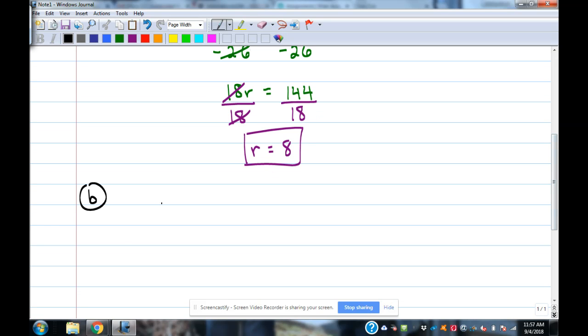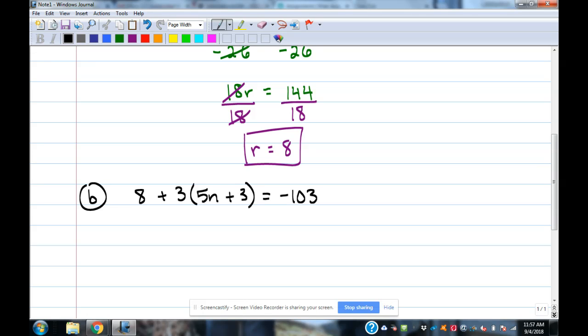Let's try this one. We got 8 plus 3, parentheses, 5n plus 3, close the parentheses, equals -103. This one's kind of in a different order as far as the pieces go.